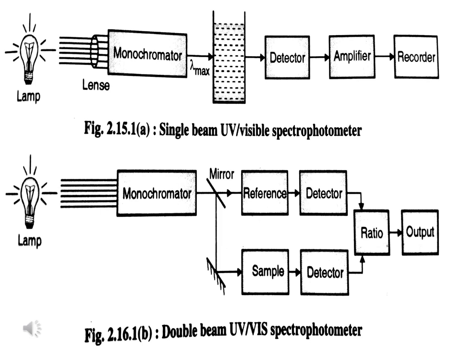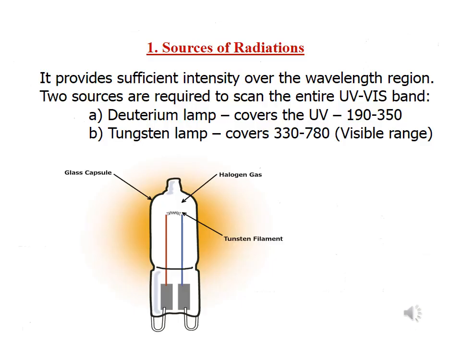After that we put the mirror and change the direction of the incident radiation, and that incident radiation then passes through the sample solution which we want to detect, then goes to the detector, and finally we compare both results, find the ratio, and get the output.